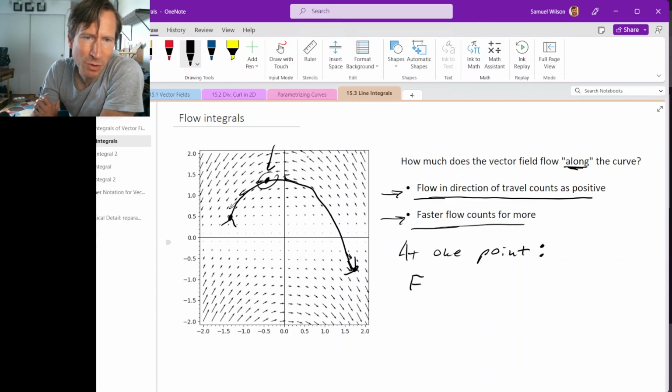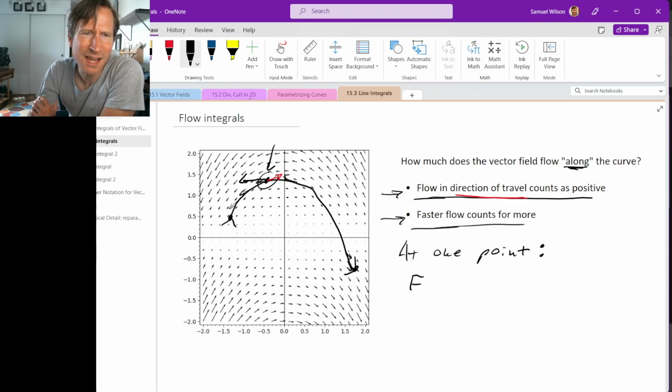So at this point we have a vector coming from the vector field. What we need is another vector that counts as our direction of travel, a little vector pointing in the direction that we're going.